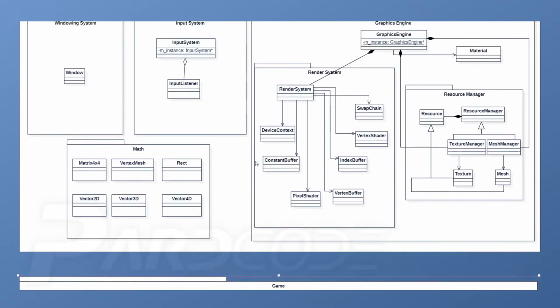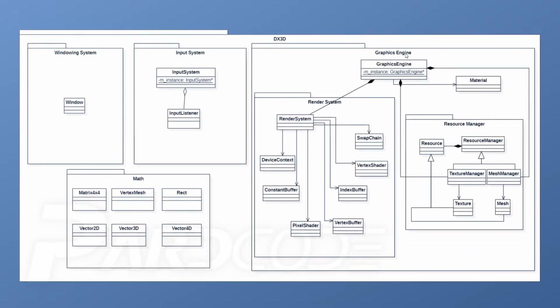At this point, let's simplify the names of the various packages. We can start by renaming the graphics engine package in graphics, the input system package in input. The math package is fine in this way. And in the end, let's rename the window system package in window.